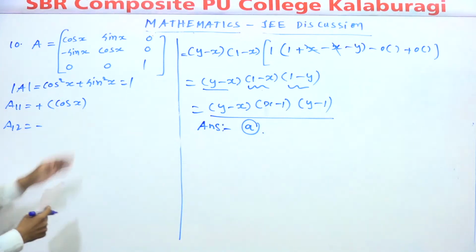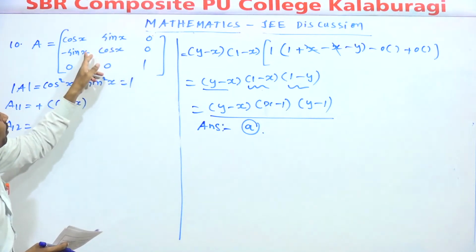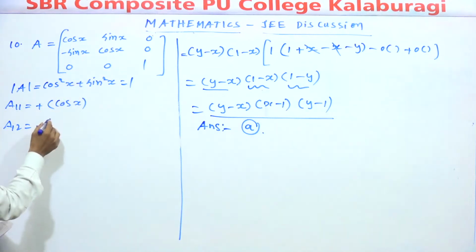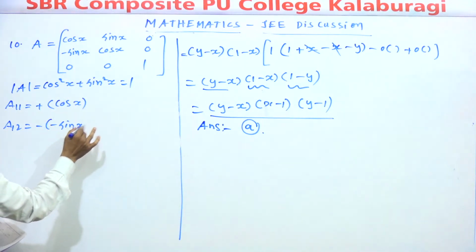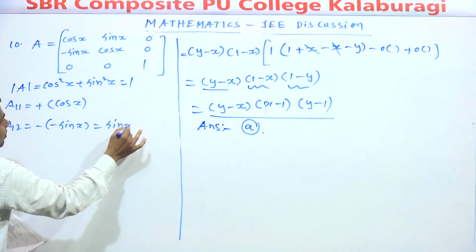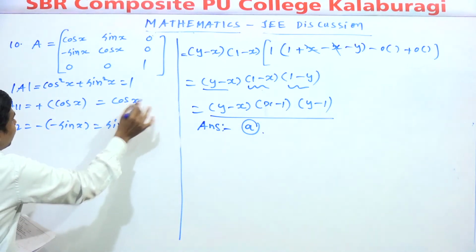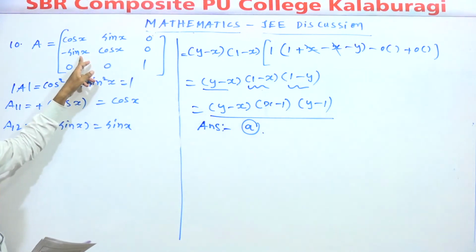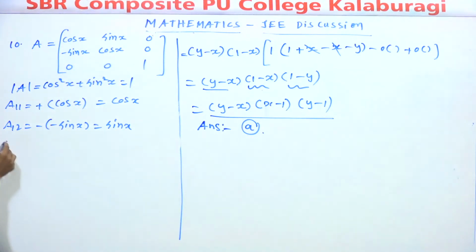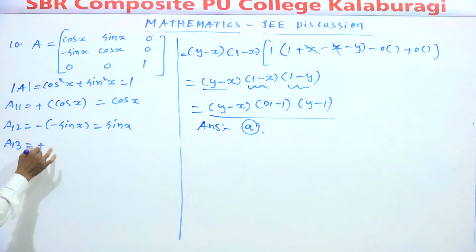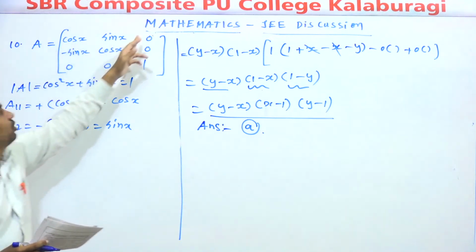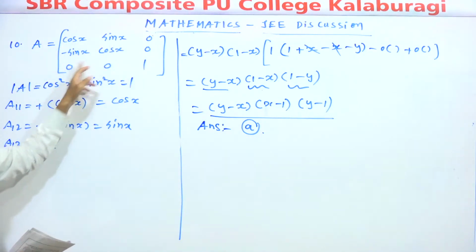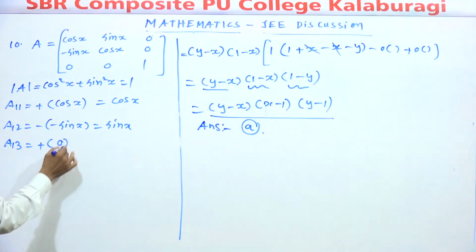A12, minus, suppressing first row, second column: 1 into minus sin x, minus 0, so it is minus sin x, and minus of minus is plus sin x. A13, plus, suppressing first row, third column: 0 into sin x, minus 0 into cos x, are 0. So this is 0.